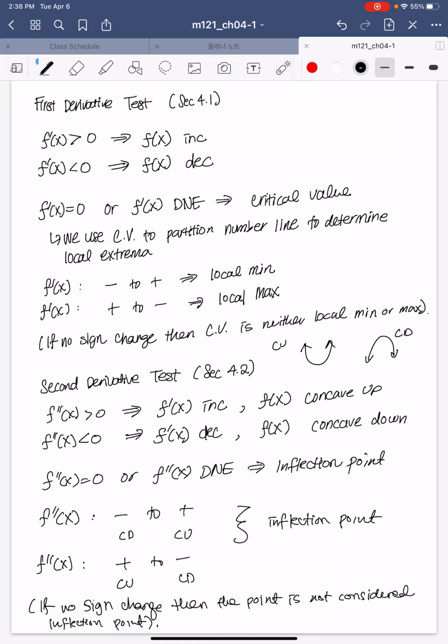Okay, so this is a nice summary right over here, and I'm going to keep referencing back to this page because it nicely summarizes everything into one page.